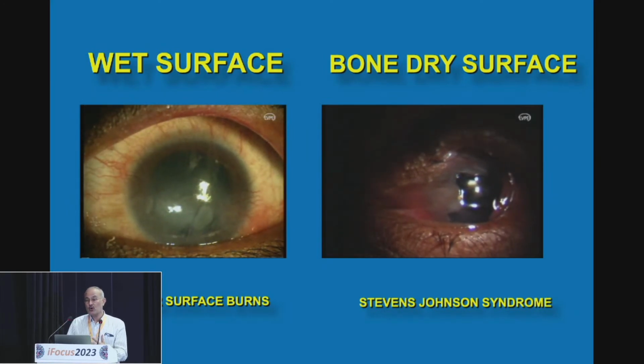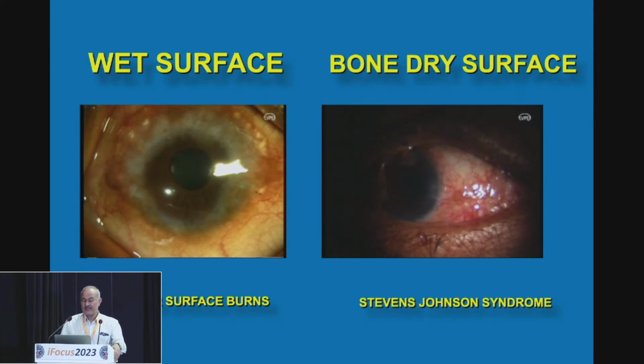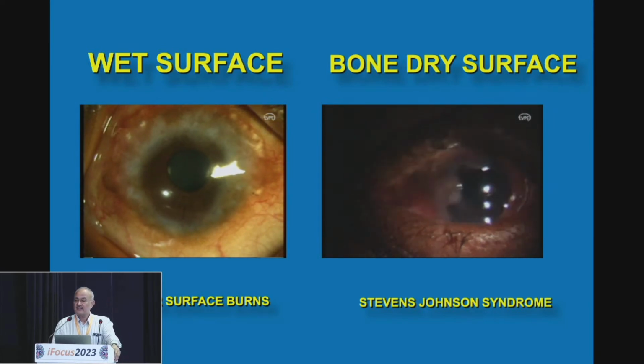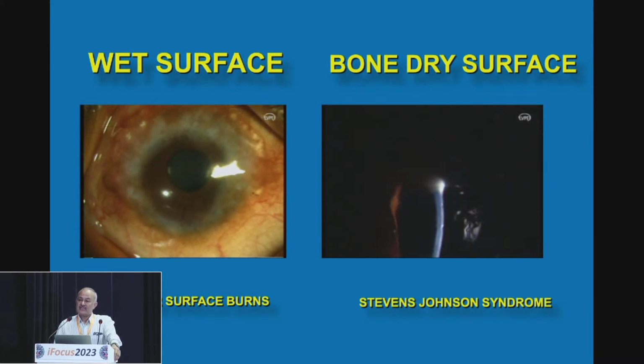If it is bone dry, like in OCP or Stevens-Johnson, you will not get a good outcome if you do surgery. Say, for example, you attempt to do an amniotic membrane transplantation or a limbal transplantation. In these conditions, it won't work. So it's important to understand that the immune-mediated disease needs a systemic treatment, right? Not just the surgical aspect or just the tear substitutes.